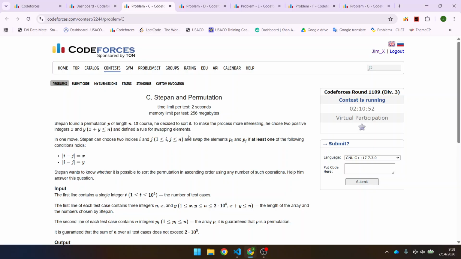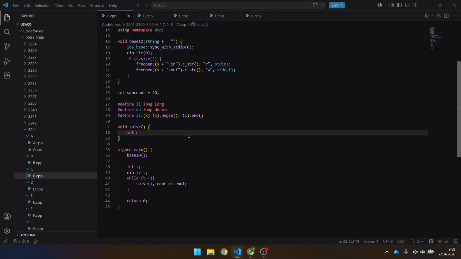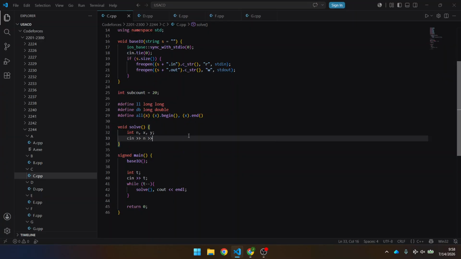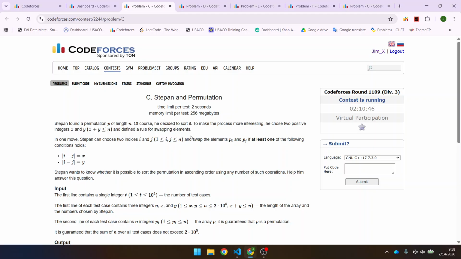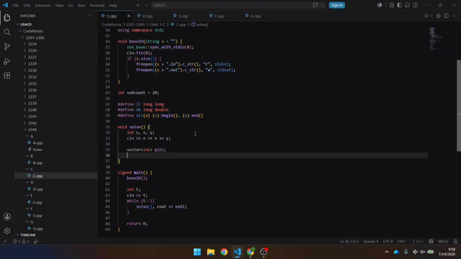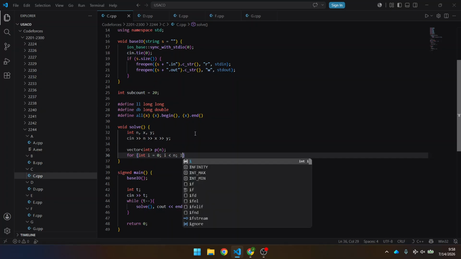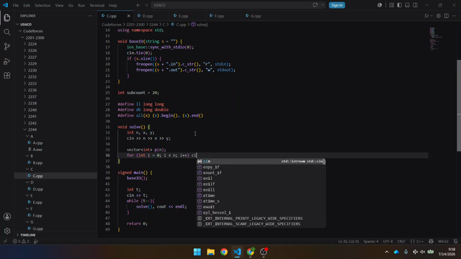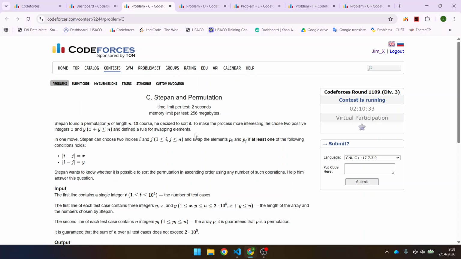This one, and x and y, vector int p. Okay. Permutation p of length n, p sorted, okay.